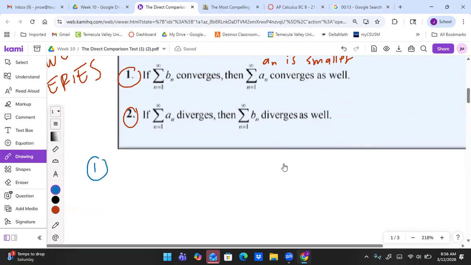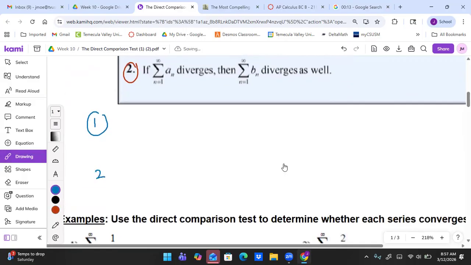I want to use blue. 1, 2. Okay, B is the bigger series, the bigger airplane. A is the smaller series. So what it's saying on number 1 is, here I have my airplanes again. If the big series converges, it's saying that A, the smaller series, is going to converge as well.